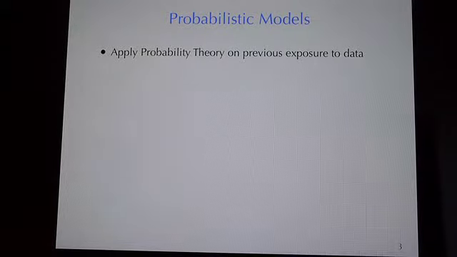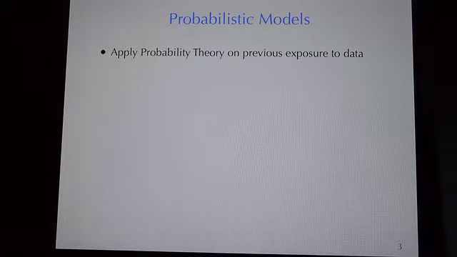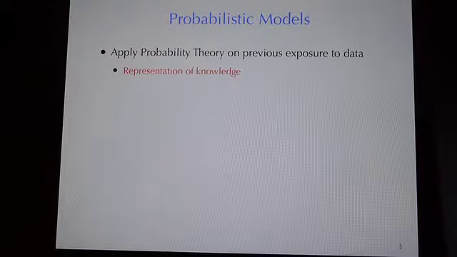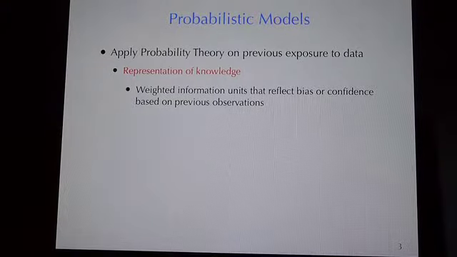So the idea behind probabilistic models is to apply probability theory on our past experience, on our previous exposure to examples or to data in general. So in models like this, we usually represent the knowledge by assigning weights or confidence factors or biases to our previous observations.